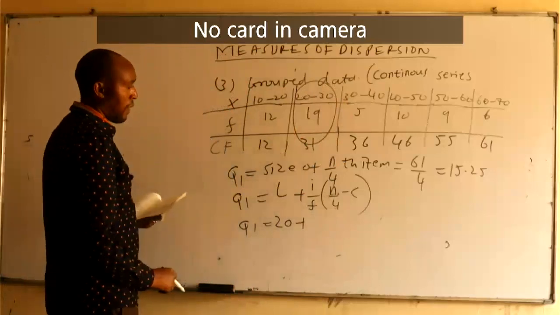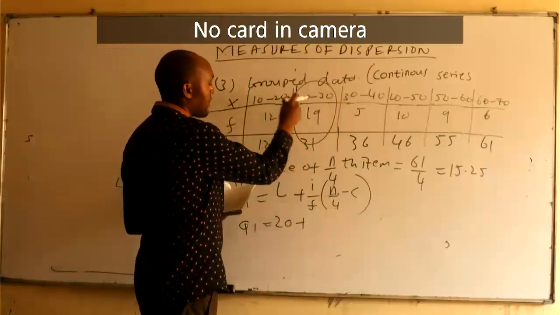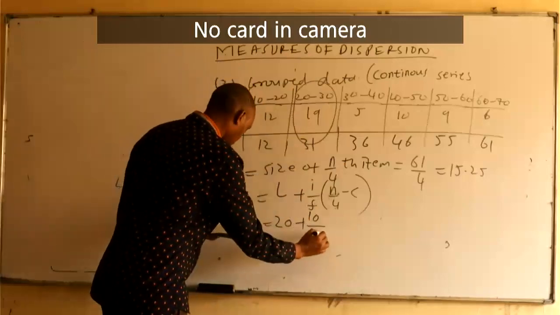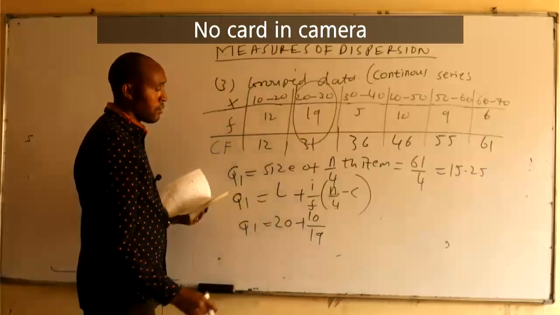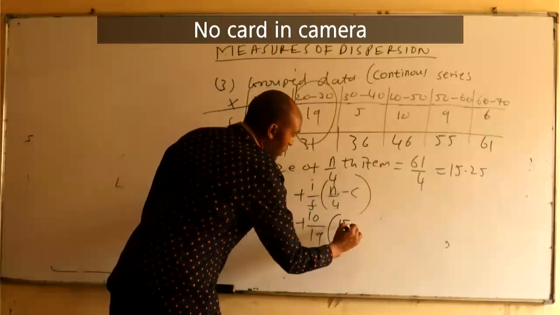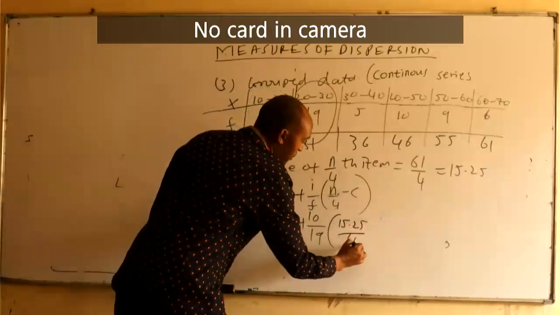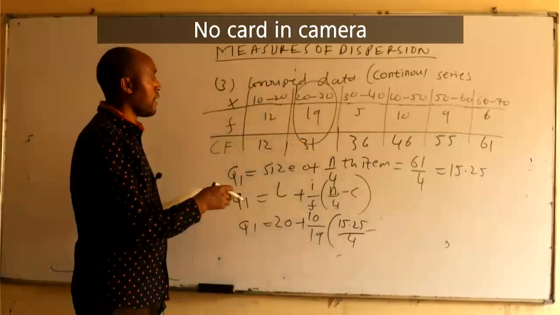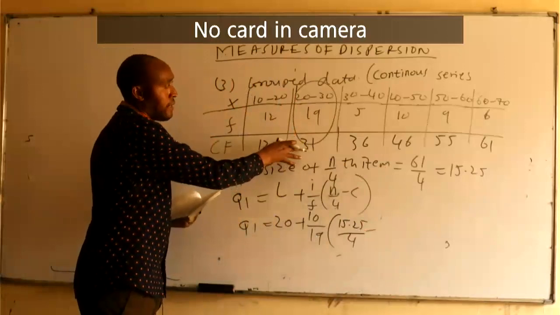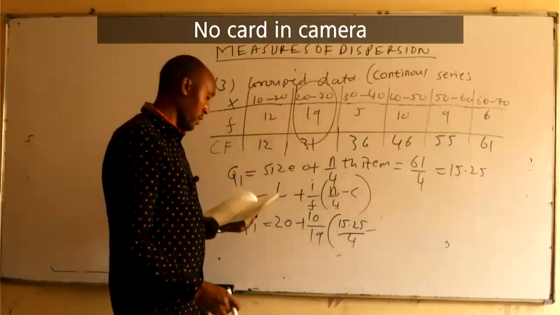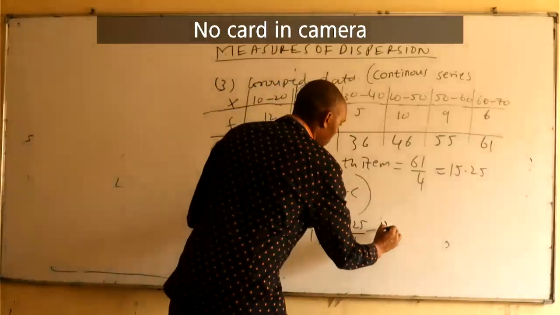Our class interval is 10. The frequency is 19. Into brackets goes n, which we already found, 15.25 divided by 4. Then c is the cumulative frequency preceding the quartile class, which will be 12.